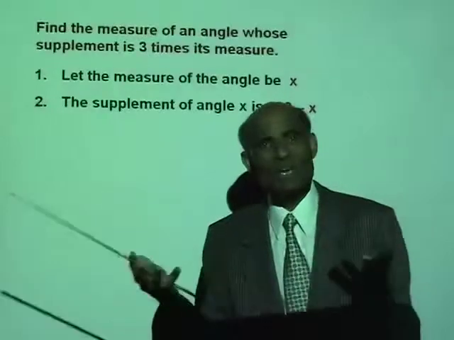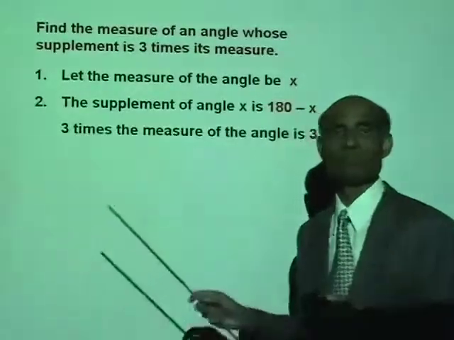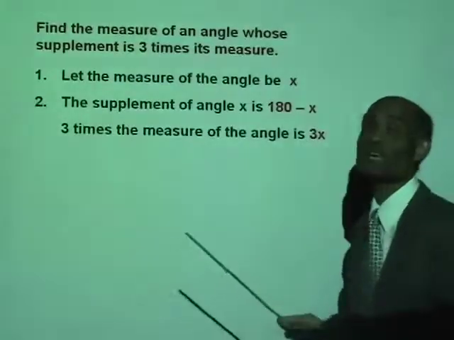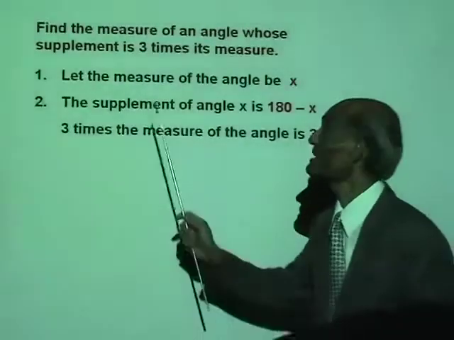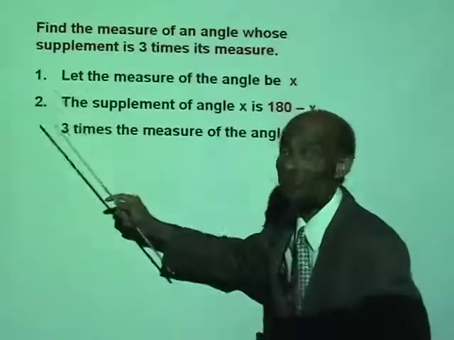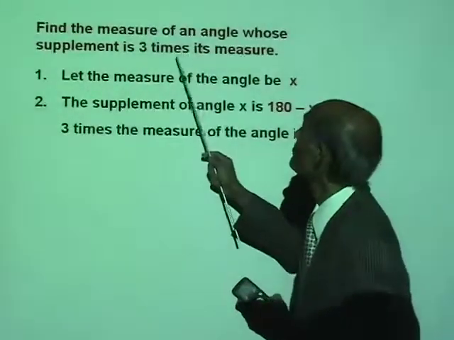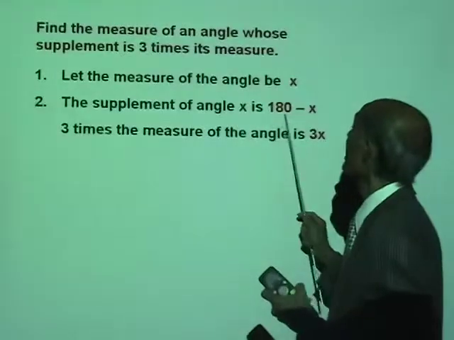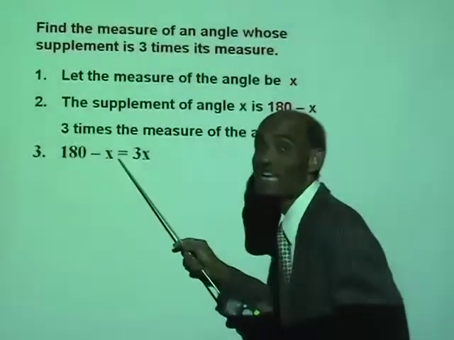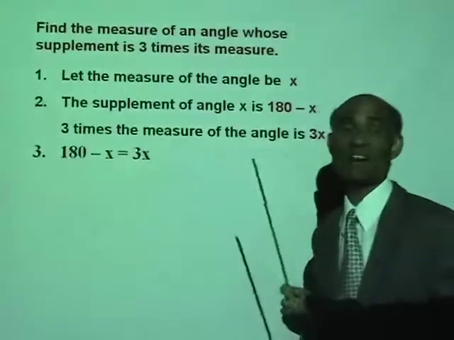Look at the easy way we can get our equation. 3 times the measure of the angle is 3x. Now set up the equation. The supplement is, it means the supplement equal to 3 times the measure. 180 minus x equal to 3 times x.